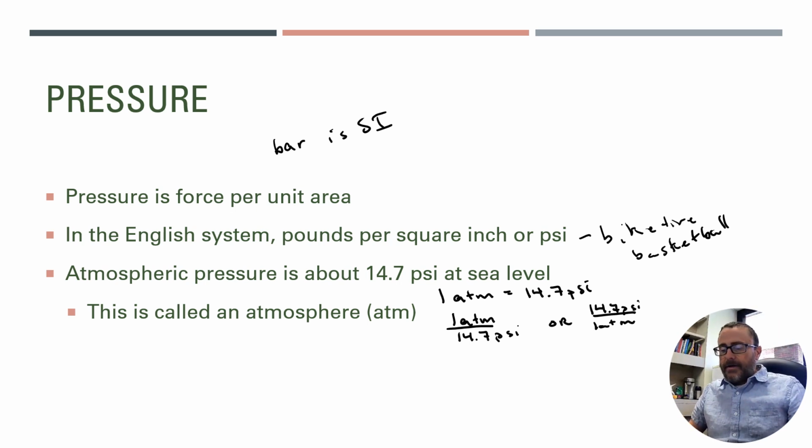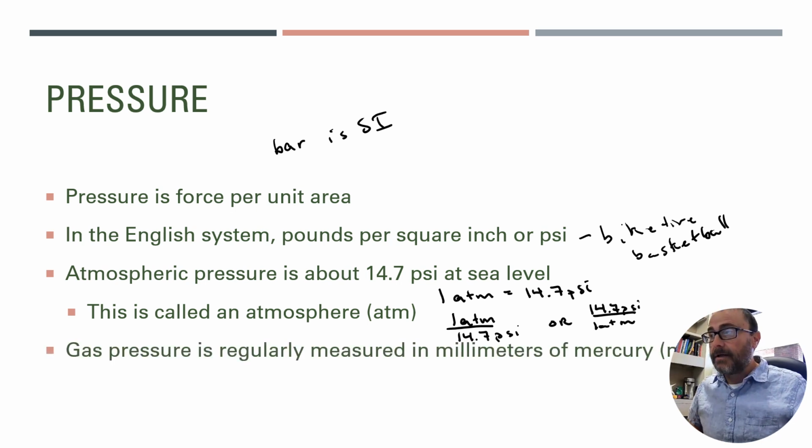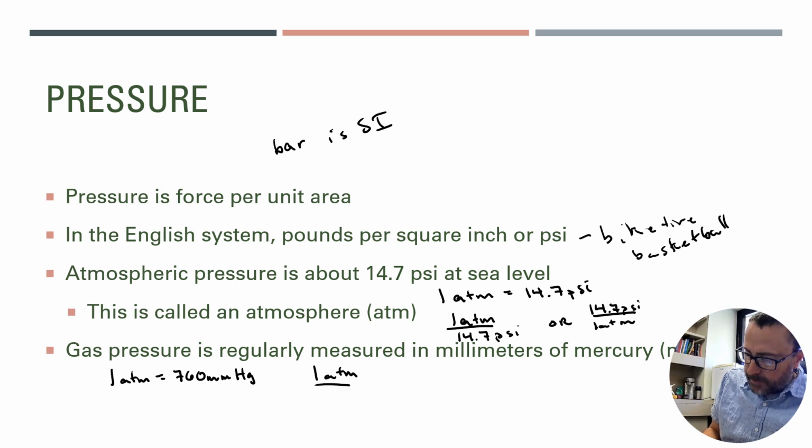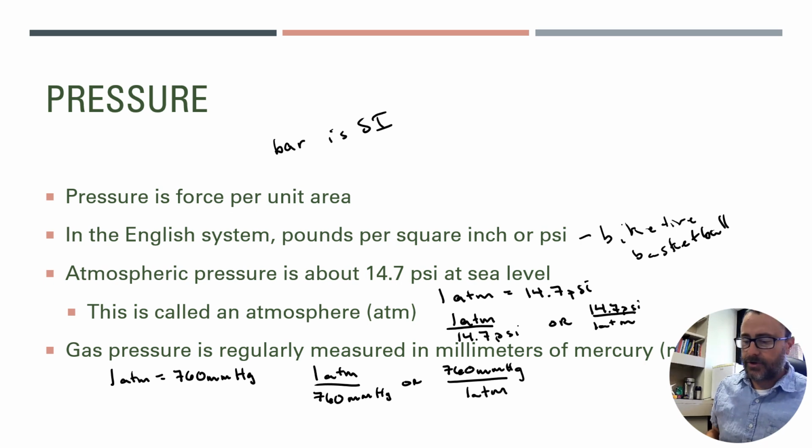Another unit of pressure that we might see a lot of the time is millimeters of mercury. That says mmHg out there. And so one atmosphere is equal to 760 millimeters of mercury. So again, one atmosphere per 760 millimeters of mercury, or 760 millimeters of mercury per one atmosphere, depending on how we want to do a conversion.